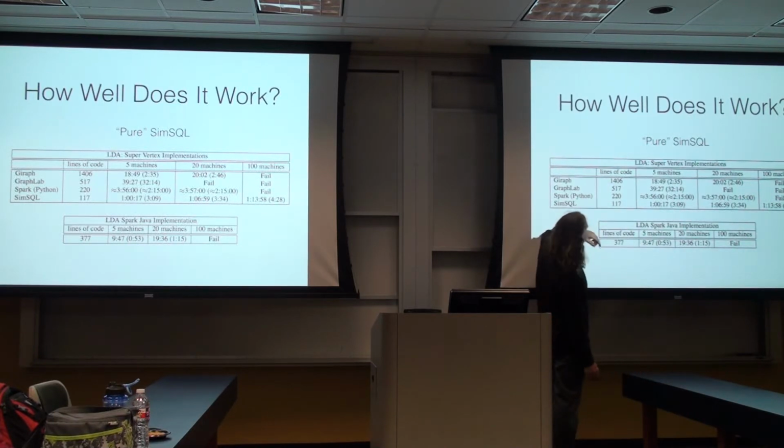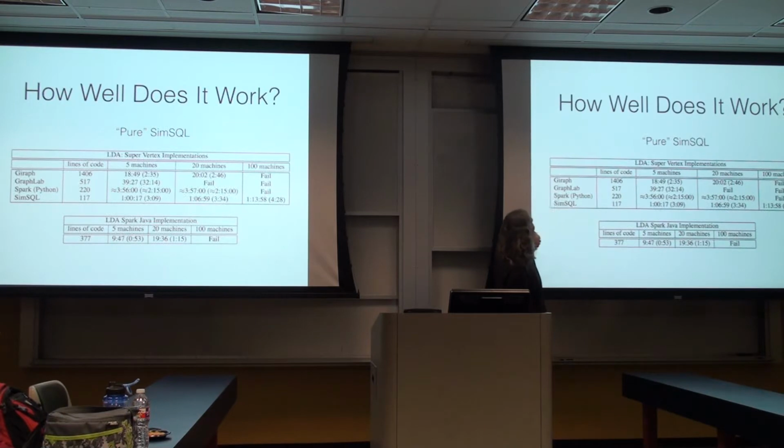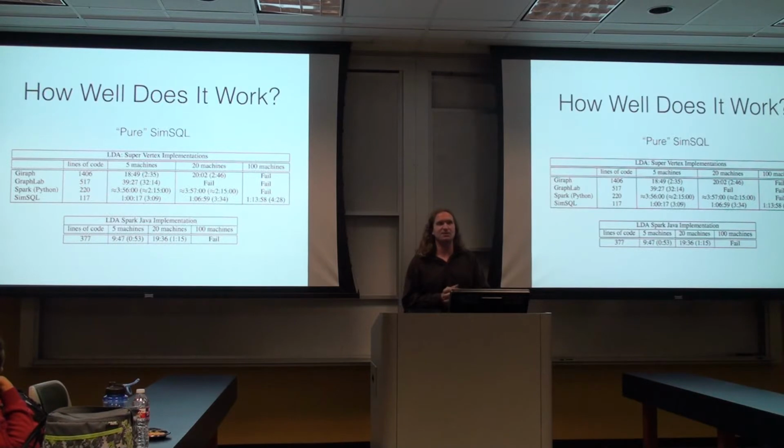And so you look and you actually find that SimSQL does pretty well, or at least as well as the other systems, even though we're specifying things in a very high-level, database-oriented way. The interesting thing is that Spark does quite poorly in comparison. Now one might wonder if this is just related to the fact we're using Python, because Spark is actually running on the JVM, and that can be kind of a nasty thing to deal with.